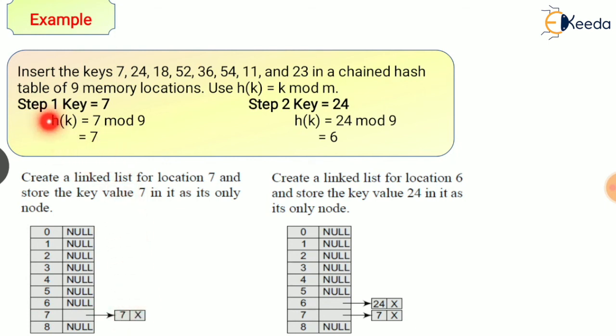As we get the position to store the key, that is 7, we create a linked list for location 7 and store the key value in it as its only node. Similarly for key 24, we got position 6 in the hash table, so we store 24 at location 6, with next value null.